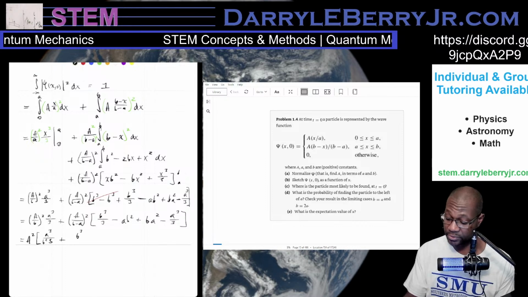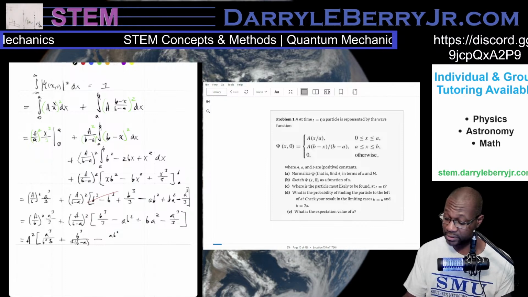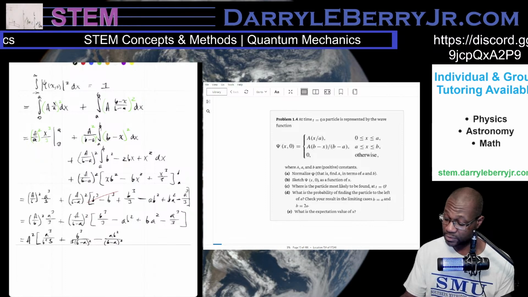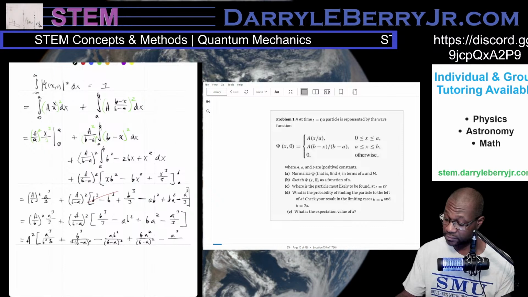So that's b cubed over 3 b minus a minus a b squared over b minus a squared plus b a squared over b minus a squared minus a cubed over 3 b minus a squared.